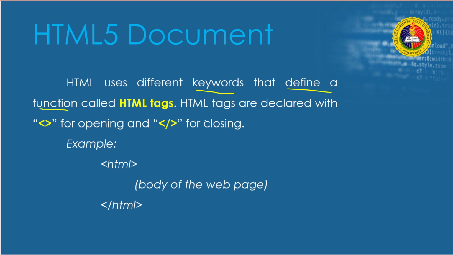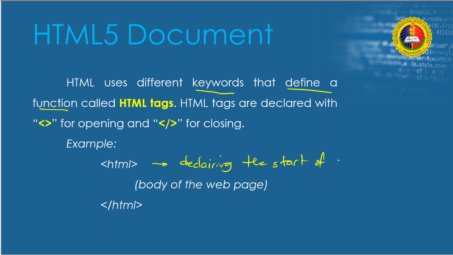HTML tags are declared with open and close angle brackets for opening, and open and close angle brackets with / for closing. For example, if we will declare HTML, declaring the start of the HTML file.